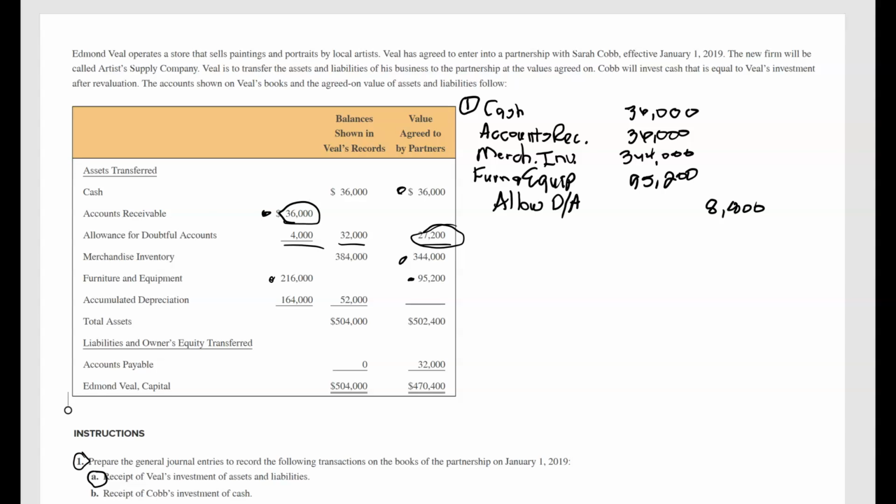Then let's look at accounts payable. Accounts payable is agreed upon to come over at $32,000.